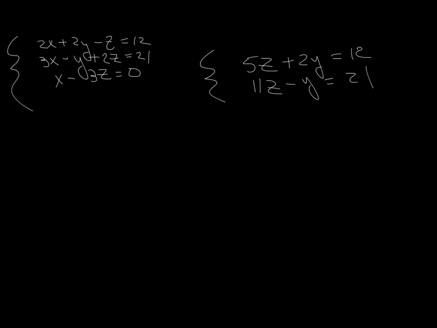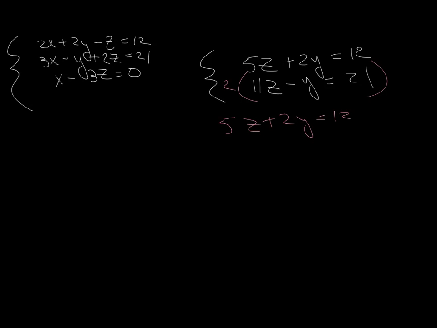Okay, so what I did is I got rid of everything except my original and what I ended up with. Alright, so I am going to multiply this bottom by a 2 so that that becomes a negative 2y so that I can combine those two to get rid of my y. So let's do that. 5z plus 2y equals 12.